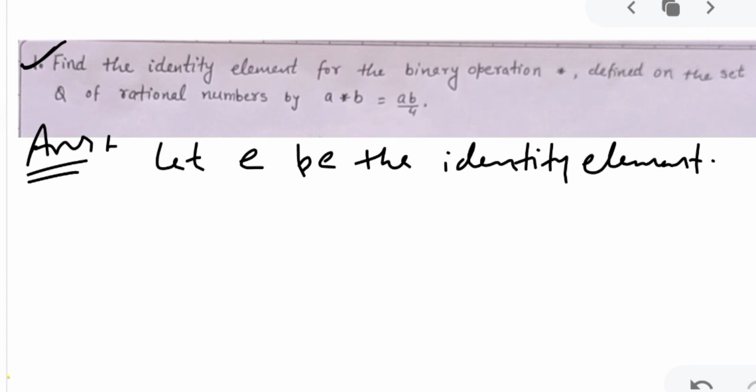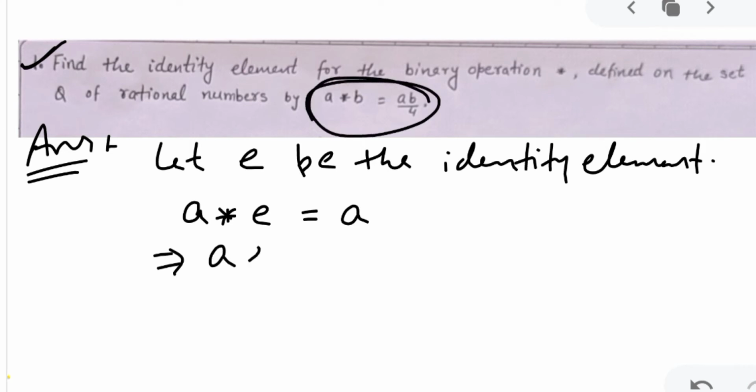So if E is the identity element, then A star E should be equal to A. What is the meaning of identity element? If you perform an operation on any element, it gives the same result, so A star E will be A. According to the definition, A star E I can write as AE upon 4.